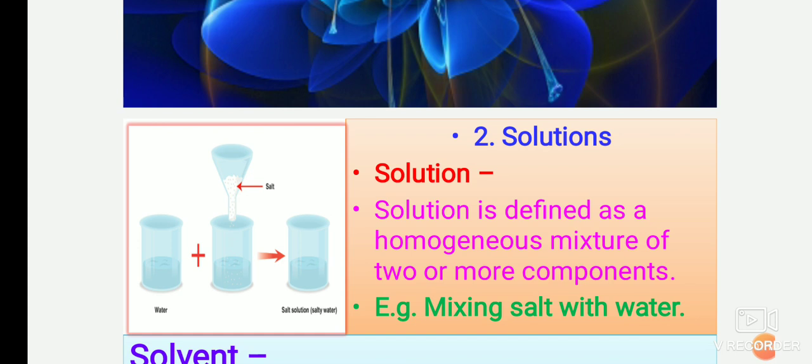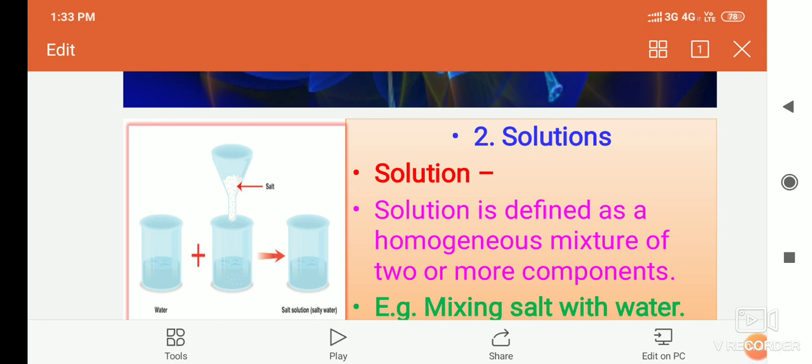In the diagram, in the first beaker, there is some water. If we add some salt into it, then the salt completely mixes in water and it forms a uniform salt solution.